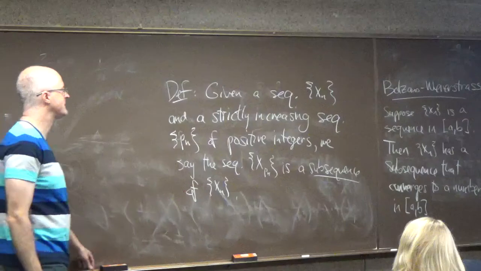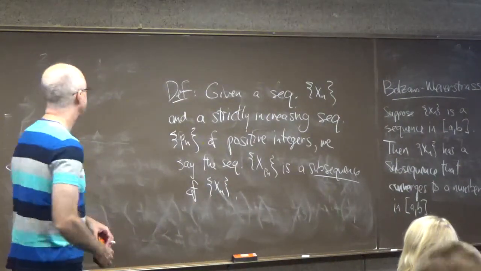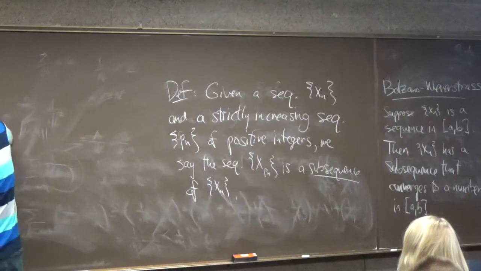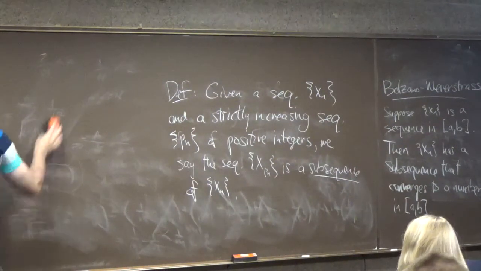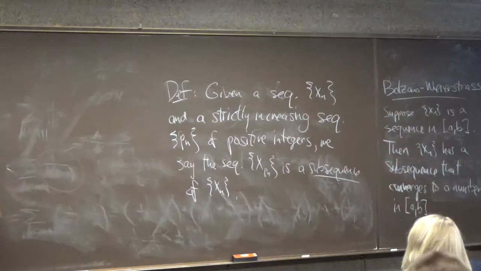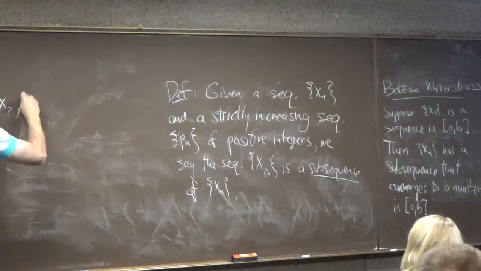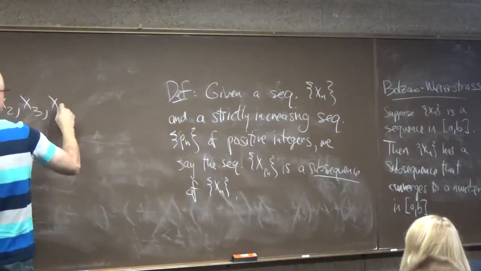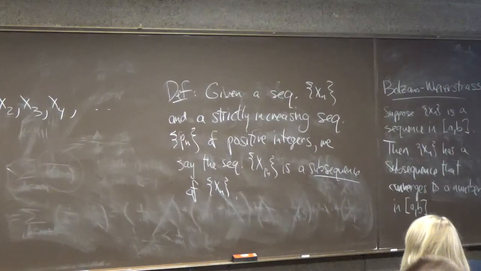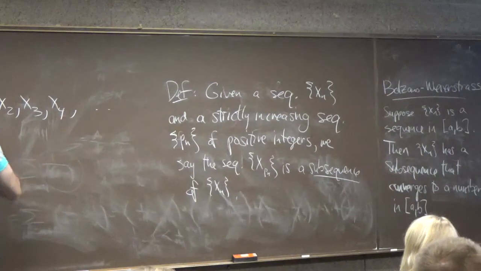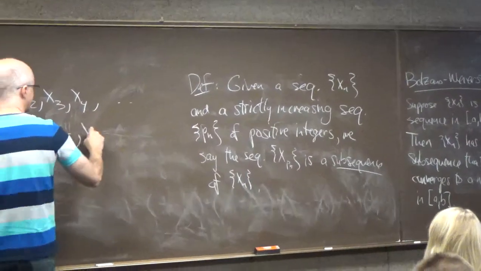Okay, kind of confusing, I think, when you first read it. It's best to think about it in terms of examples. And perhaps best to think of it in terms of lists, thinking of sequences as lists. You got a sequence x1, x2, x3, x4, etc. There's infinitely many subsequences. You could pick, for example, the terms with odd subscript.